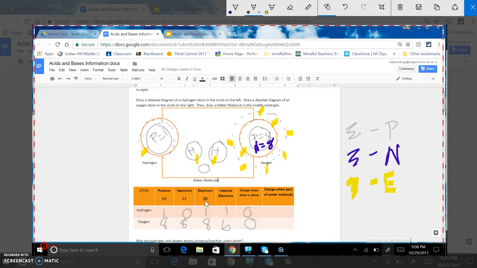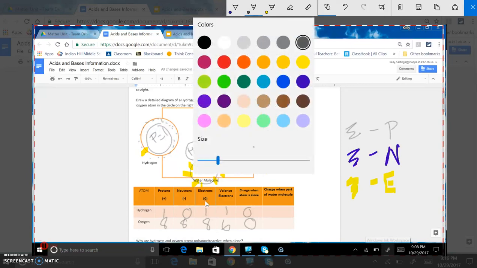And oxygen is so badly wanting those electrons that its outer energy level then is filled. So the circle around the oxygen is just showing the outer energy level, and the other 6 electrons, 1, 2, 3, 4, 5, 6, there they are, but 8 really all total because it just took 2 from both of the hydrogen atoms. So this is how it gets a charge, and I'm going to show you this.